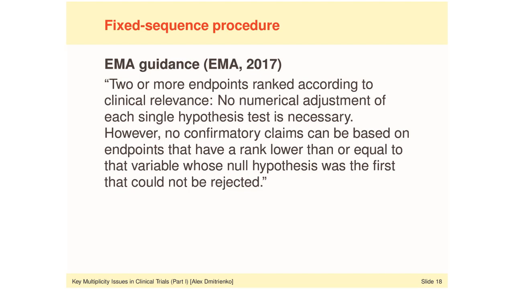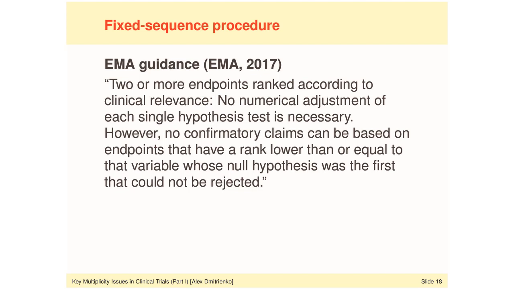This wording applies to a very broad class of multiplicity problems in clinical trials. For example, to trials with multiple doses of an experimental treatment that are tested versus the control. If testing begins with the highest dose, and that one, for some reason, perhaps due to tolerability reasons, is not significantly different from the control, then testing must stop. Another example is clinical trials with 1 or more predefined populations of patients.